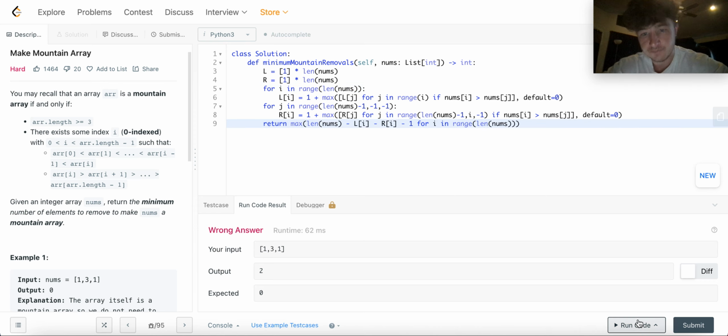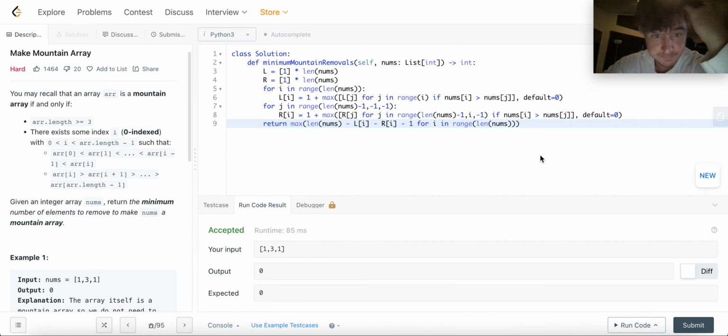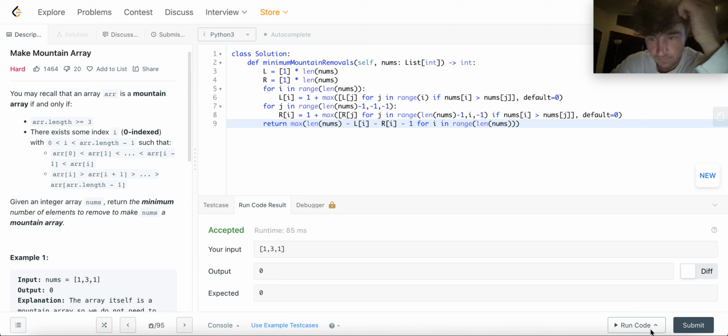It should be -1. What did I do wrong here? That's why it's always good to just have your code written down.